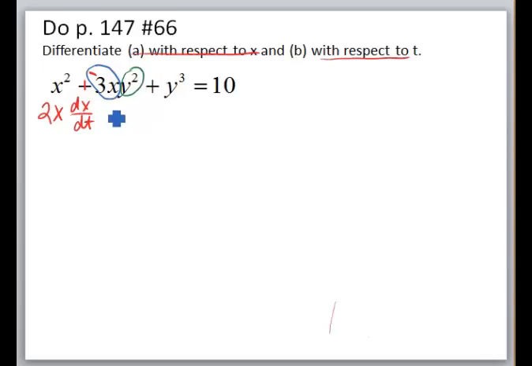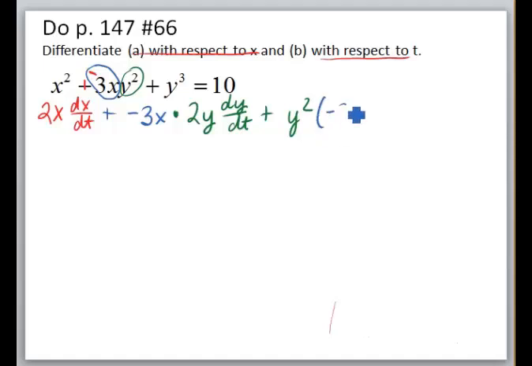So we're going to do first times the derivative of the second. The derivative of the second is 2y. This isn't a t, so I have to write that I'm taking the derivative of y with respect to t, plus the second times the derivative of the first. The derivative of the first is -3. This wasn't a t, so I have to say I'm taking the derivative of x with respect to t.